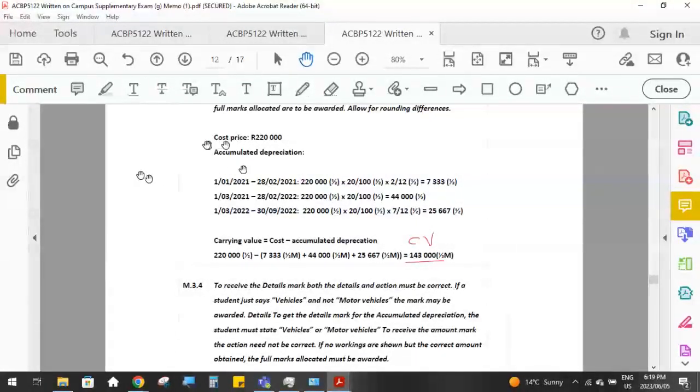We write down there cost price. We head these workings accumulated depreciation. We don't just take a piece of paper and spout numbers all over it so that nobody knows what we've worked out. And then again, you've headed this carrying value is equal to cost minus all the accumulated depreciation, and that's how we worked out the carrying value.